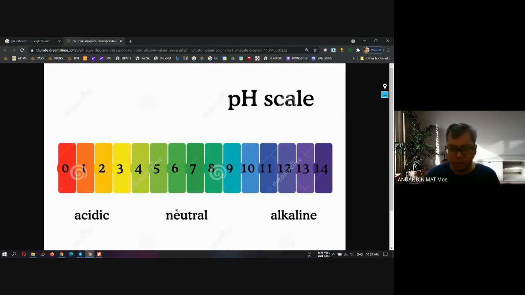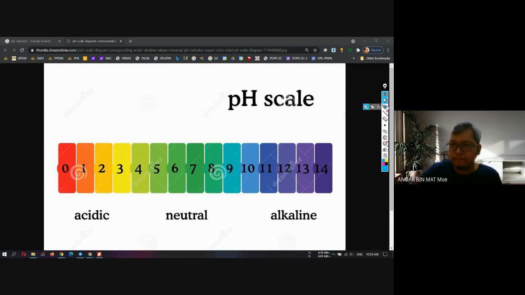You no need to remember the color. For example, number 0 is red, number 1 is orange. No need to memorize that. But the most important thing you must remember is which scale is acidic and which scale is alkali. And at the middle, number 6 or number 7 is neutral.